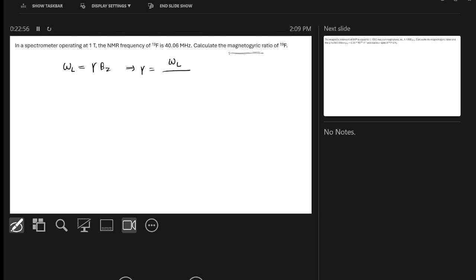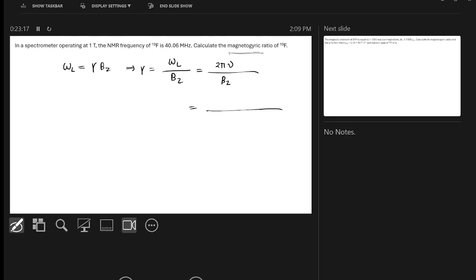Gamma is omega L by Bz. So omega is nothing but 2 pi mu, correct? So this is an angular frequency. So we can write 2 pi mu, and this is your Bz.